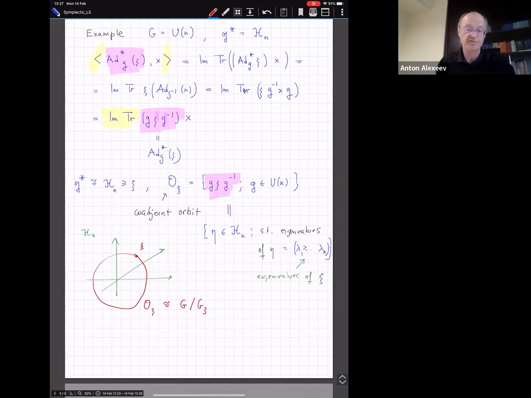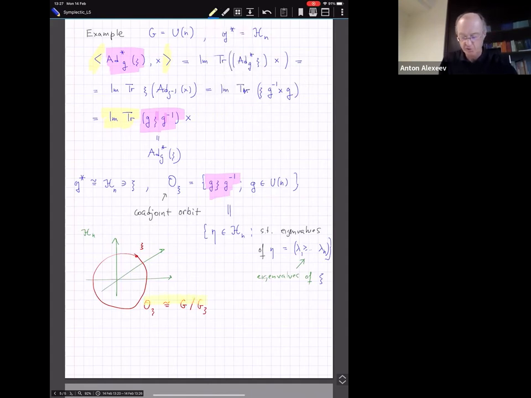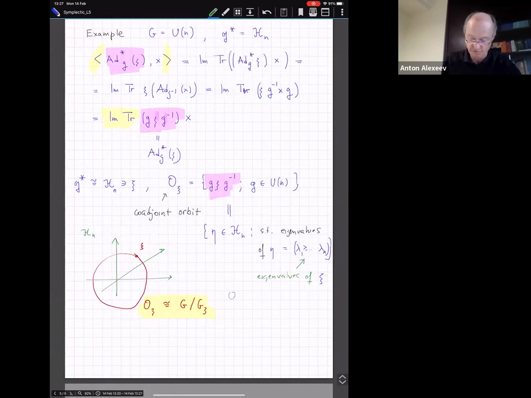So in fact, we'll go back to this intrinsic extrinsic viewpoint for coadjoint orbits in quite some detail. But in the meantime, I invite you to think. We'll need to answer that question sooner or later anyways, but I invite you to think, what are the coadjoint stabilizers for this particular example? So what's the set of subgroups?